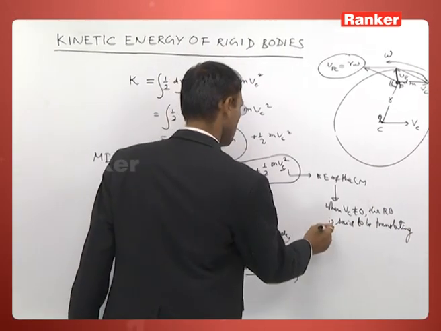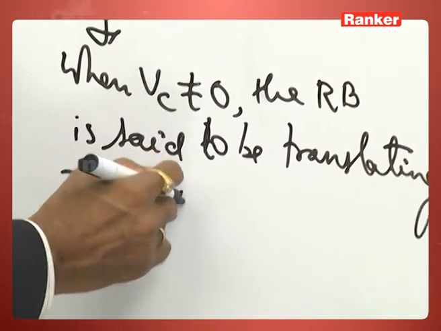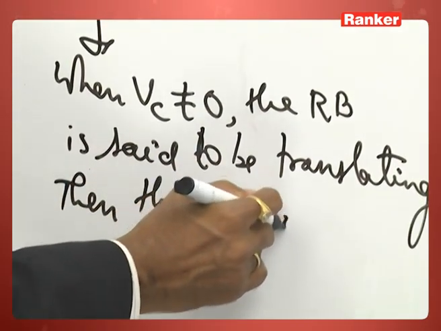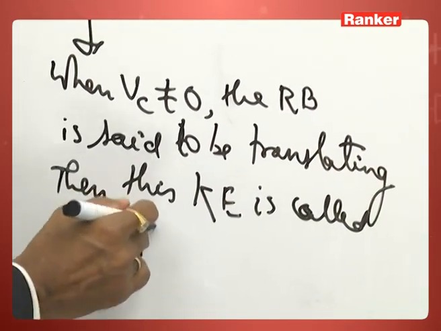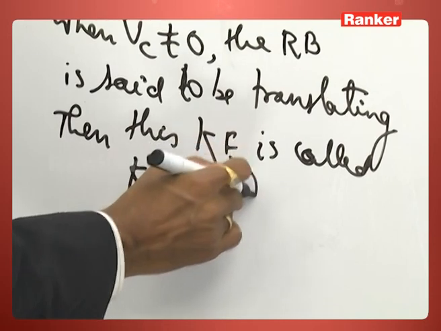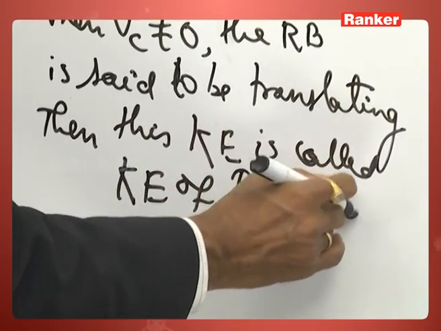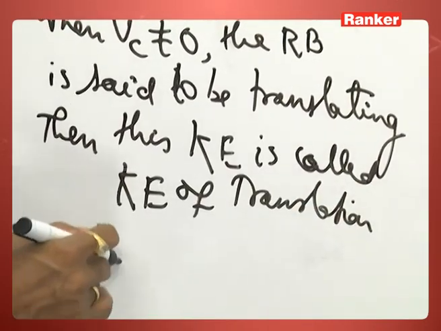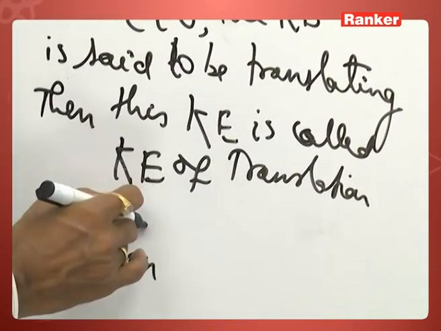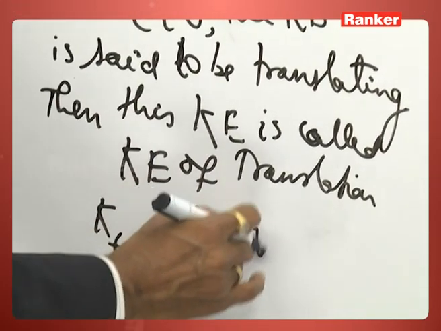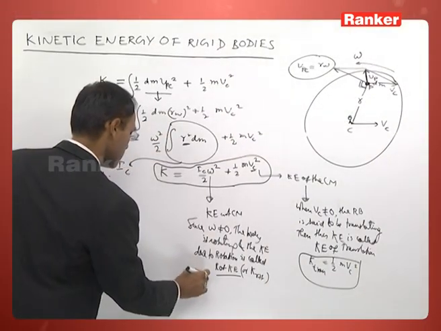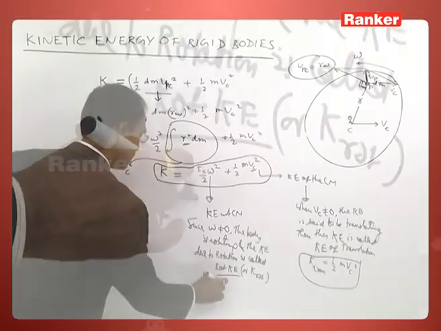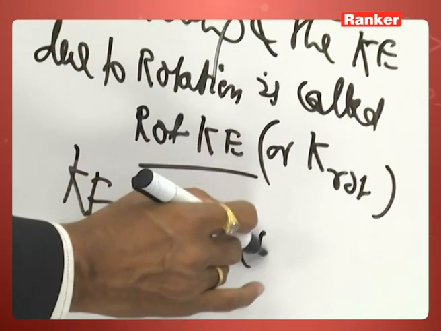Then this kinetic energy is called kinetic energy of translation, equal to half M Vc square, and the kinetic energy of rotation is equal to half Ic into omega square.